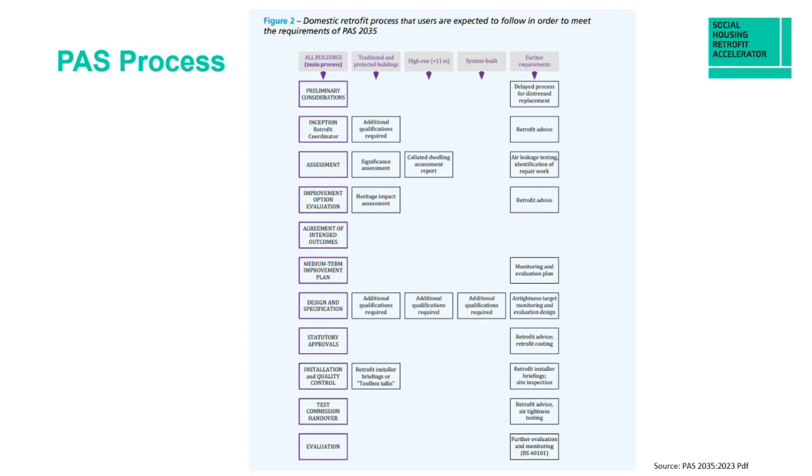So the PAS process, and this image on the slide has been taken from the latest version, the PAS 2035-2023 version. All buildings follow the main process along the left-hand side. And it all starts with, as a grant recipient, identifying stock that you would like to retrofit and taking into account some preliminary considerations, and appointing a retrofit coordinator at the inception stage to provide you with some retrofit advice and carry out some assessments to those properties.